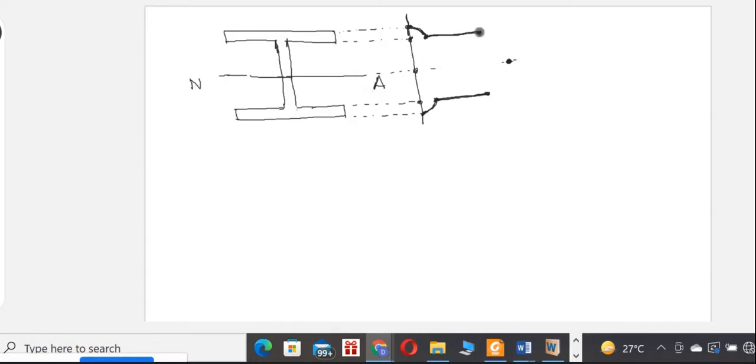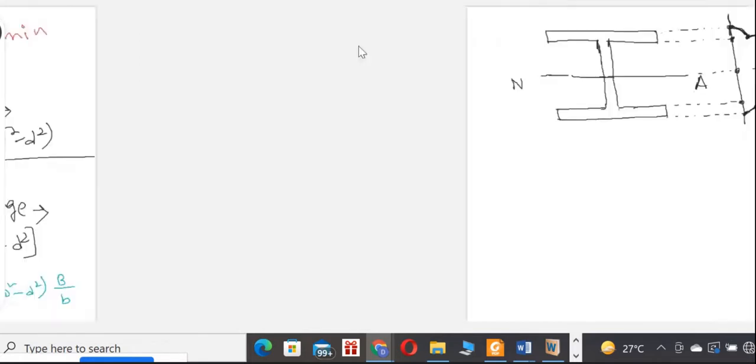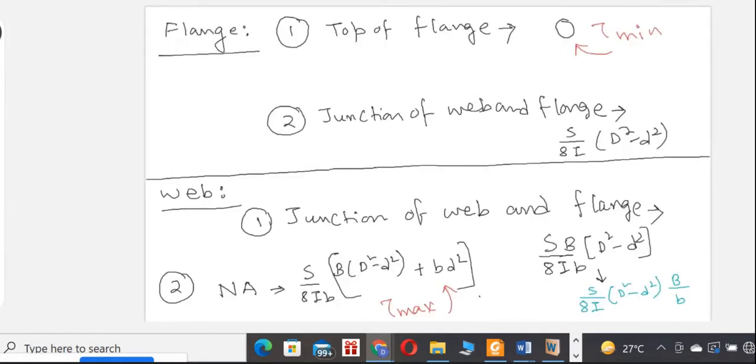So what is this value here? S by 8b, this one.